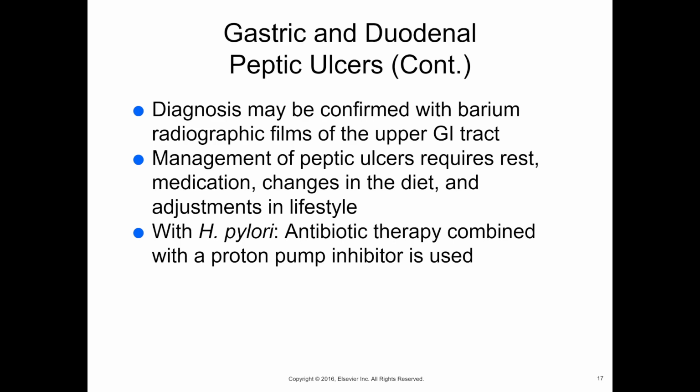They often will take a couple quick series of these x-rays as it passes through, looking for any potential defect. They can also do certain things like scopes, etc., where the person has a scope inserted down the esophagus through the stomach, but that's typically not needed in this case.